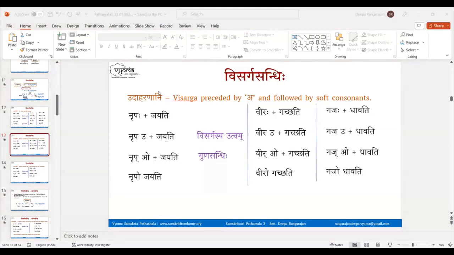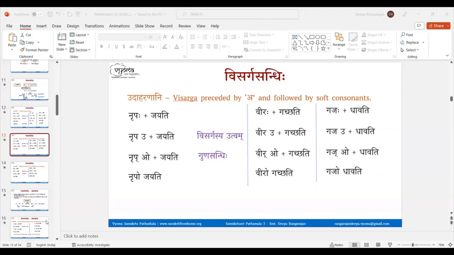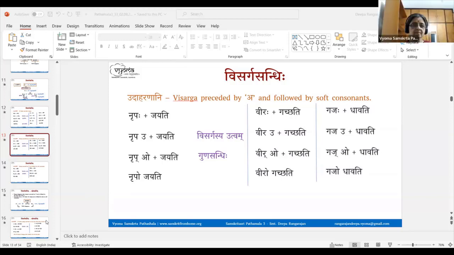Yes, madam. I have a question for this following example. Supposing there are two sentences, Balakaha Vidyalayam Gachanti, Balikaha Api, and then it stops. If we put the whole thing in Sandhi, it will become Balaka Vidyalayam Gachanti, Balika Api.